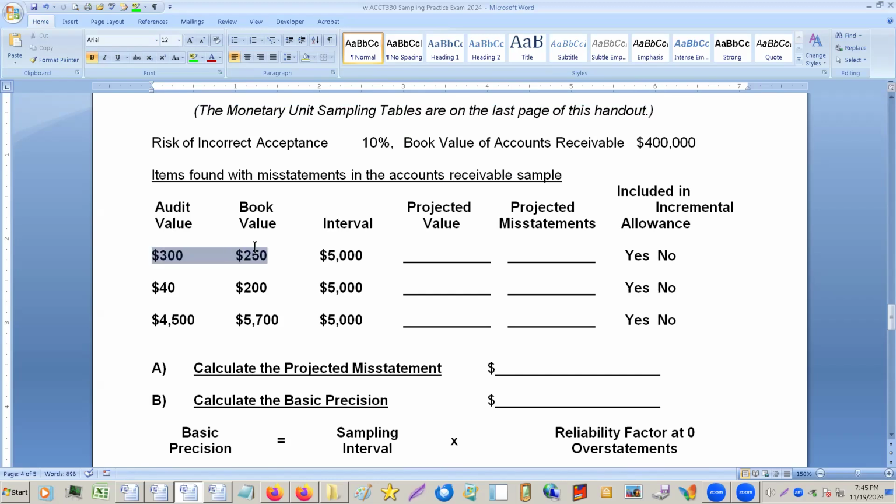Okay, so let's take a look at this one. First one, right out of the box, this first one is a no-go. Why? This is an understatement. We're saying it should be 300. They're saying it's 250.